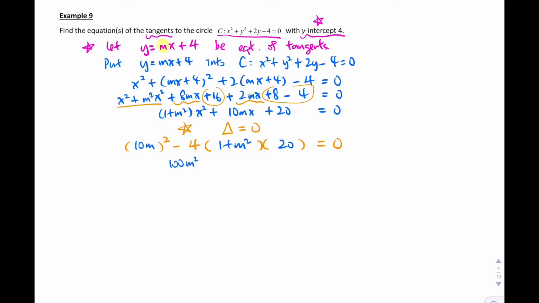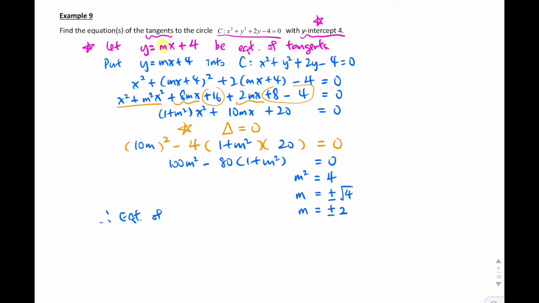Try to simplify the equation, and then you will have m squared equals 4. So m equals plus or minus square root 4. That means m is equal to plus or negative 2.